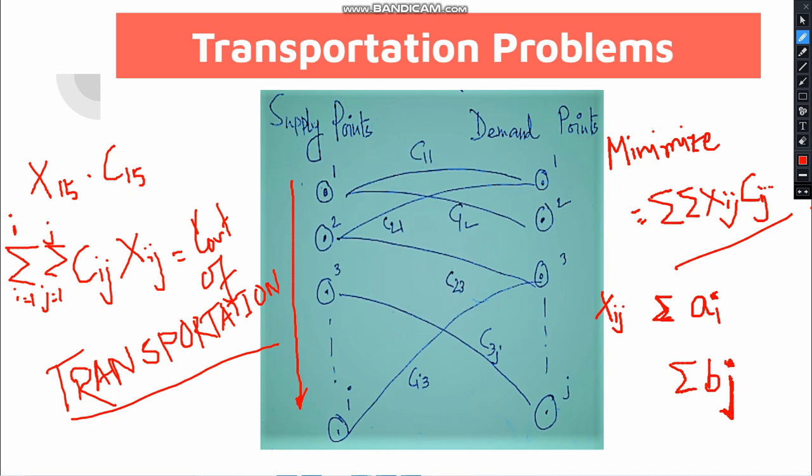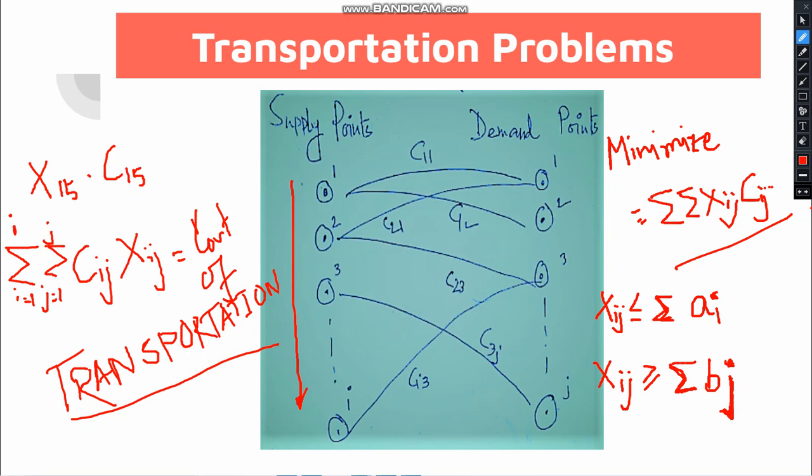So you have to understand that this Xij is the quantity which is being transported. This Xij will be less than or equal to Ai. That means the quantity which is being transported must be less than the available quantity, and the quantity being transported must be greater than or equal to the summation of Bj.